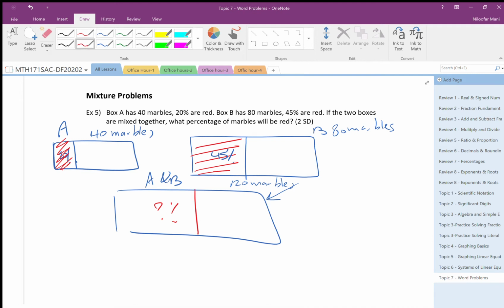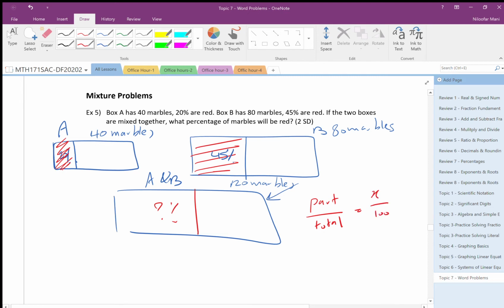I need to find what is the percentage. If I want the percentage in the last box, the third one, I need to know part over total, because for me it is part over total, equals X over 100.